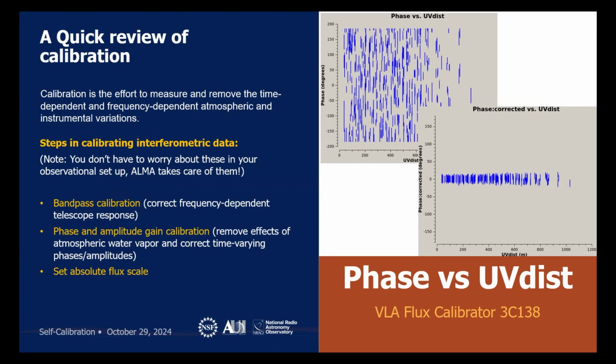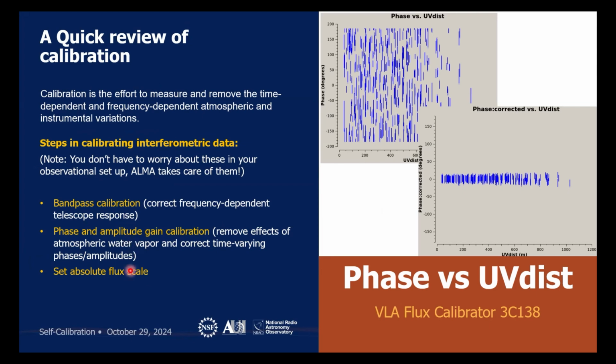So here I'm listing some typical steps for calibration. First of all, we definitely want to correct for the frequency-dependent telescope response, which we call the bandpass calibration. And we will select a calibrator on the sky for this.